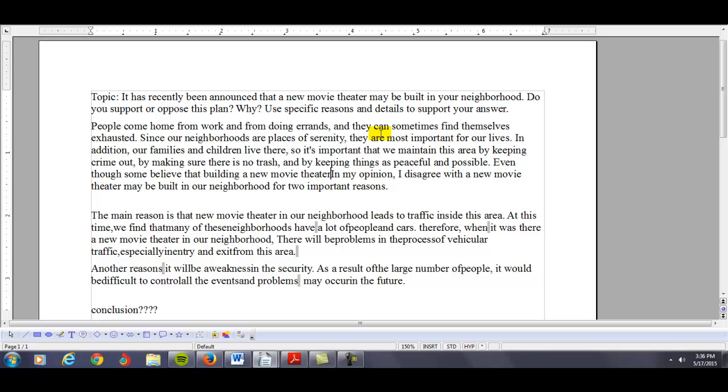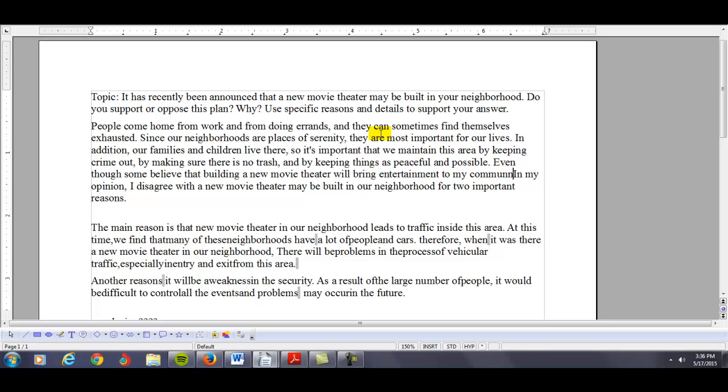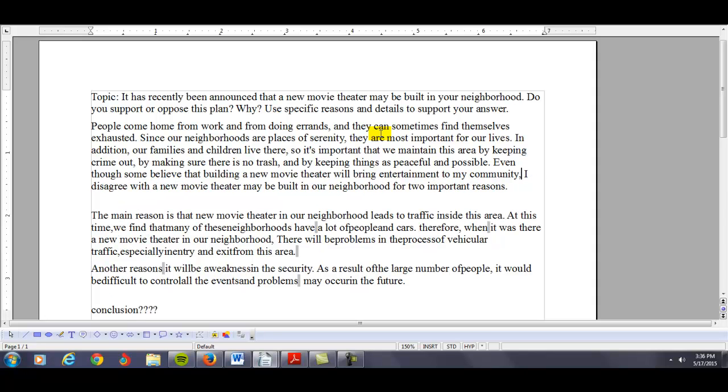Even though some believe that building a new movie theater... See here, you need a more specific thesis here.